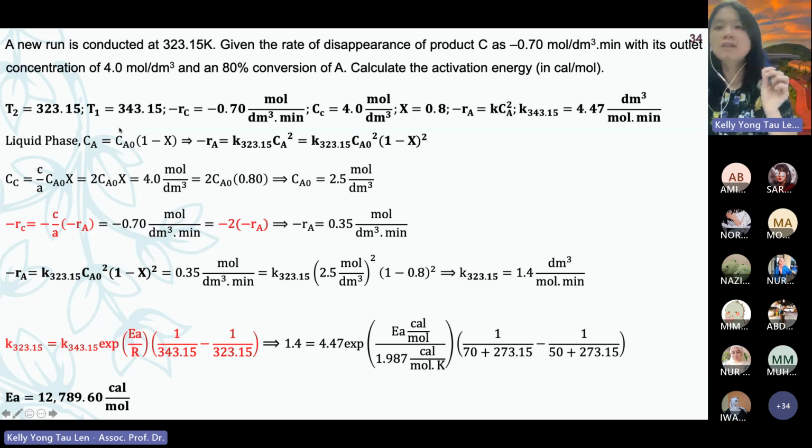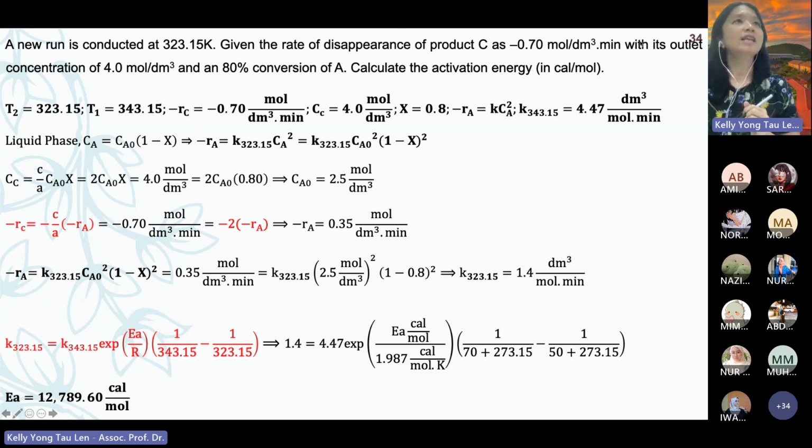Negatif di hadapan nombor 0.70 disebabkan we want to find the rate of disappearance of product C, tetapi product C will be formed. So dia tak bersetuju dengan one another. Saya nak cari kadar kehilangan tapi C terbentuk. Sebab tu nombor dia ada negatif di hadapan dia, negatif 0.70. So this is something yang kamu belajar awal-awal chapter 1 sebenarnya.